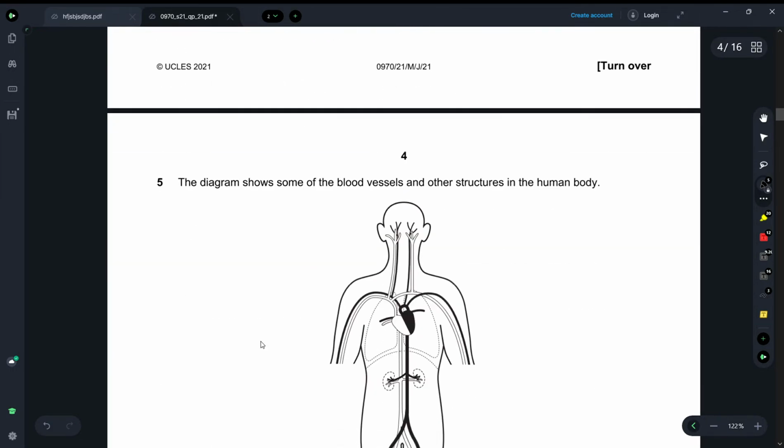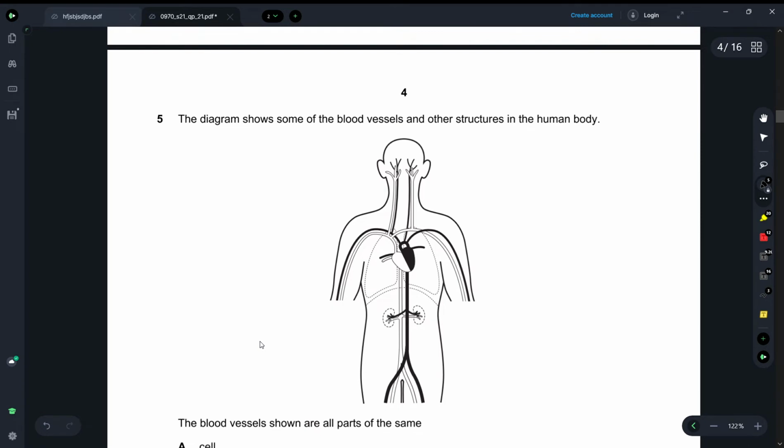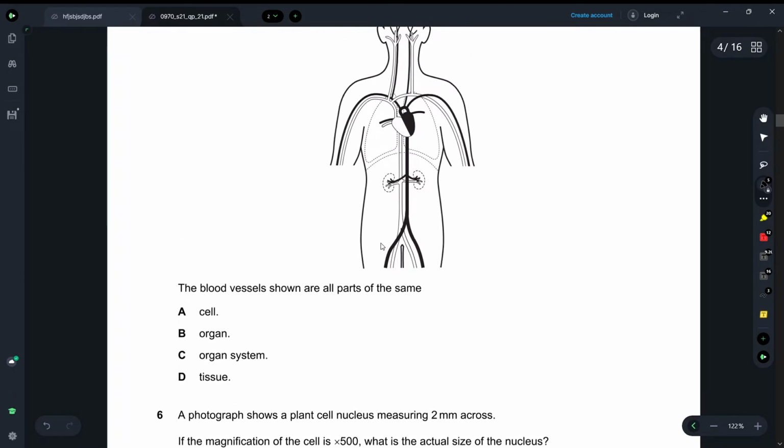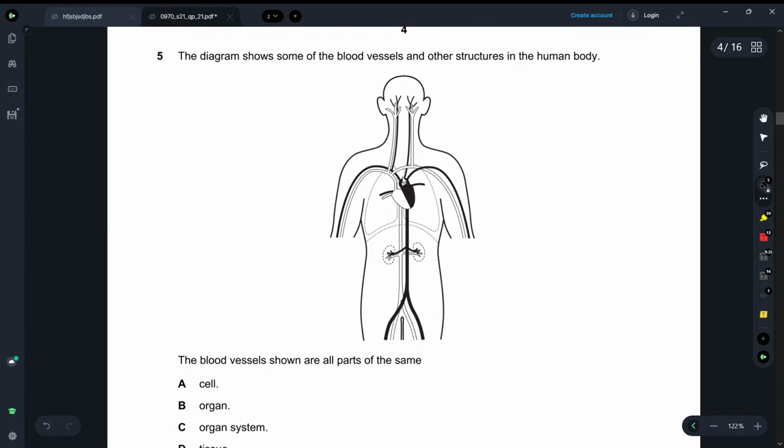Now for question 5, it says the diagram shows some of the blood vessels and other structures in the human body. The blood vessels shown are parts of the same what? The black one, I think, is the deoxygenated blood, and the white one is oxygenated blood, but we're only supposed to look at the vessels, so we won't waste our time there.